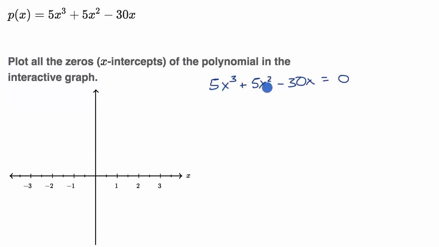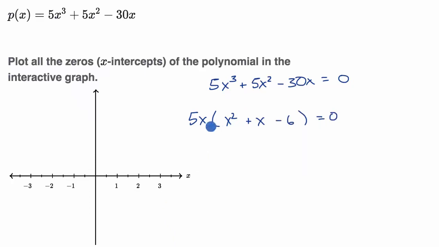It looks like all of the terms are divisible by 5x. So let's factor out a 5x. This is going to be 5x times, if we take a 5x out of 5x to the third, we're left with an x squared. If we take a 5x out of 5x squared, we're left with an x, so plus x. And if we take a 5x out of negative 30x, we're left with a negative 6, is equal to 0.